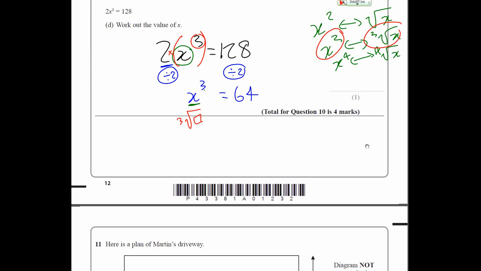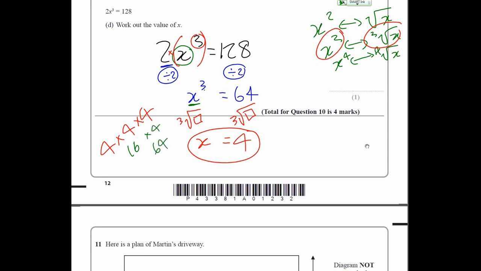It might be yellow, so you might need to press shift. We're going to do it to both sides. So type in your calculator, cube root of 64. Make sure you press shift so you don't do the square root, and you get x is 4. That's because 4 times 4 times 4 gives you 64. 4 times 4 is 16, times 4 is 64. So x equals 4.